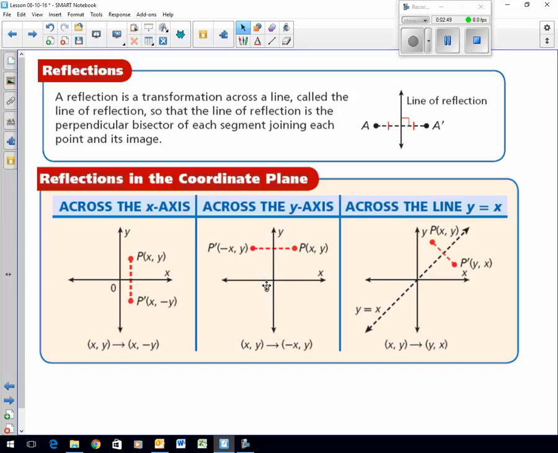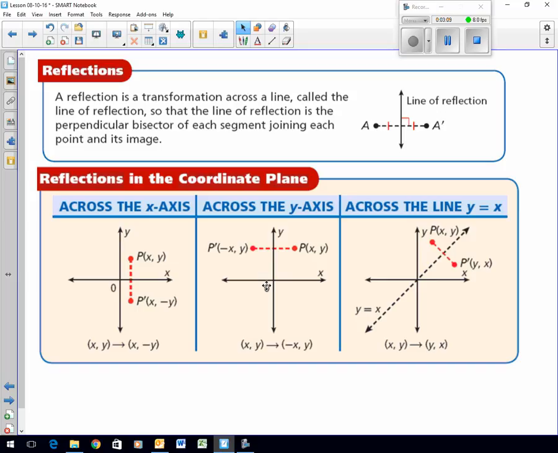The opposite of positive y is negative y, the opposite of negative y is positive y. So if I have a reflection across the x-axis, I take the opposite of y. If I have a reflection across the y-axis, I take the opposite of x.